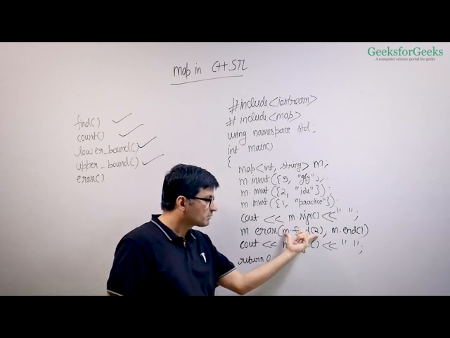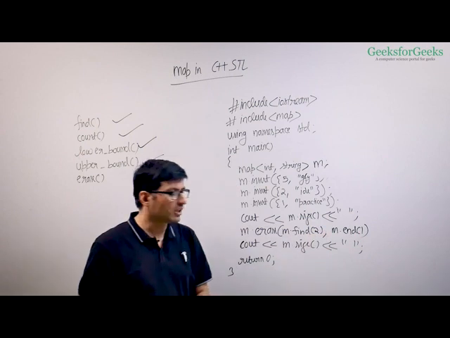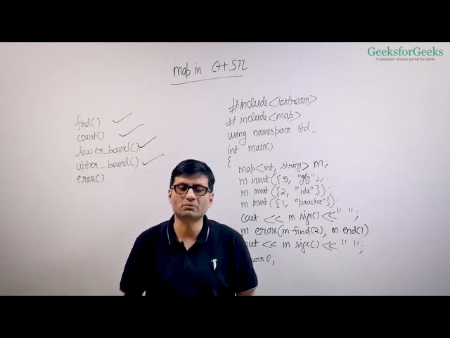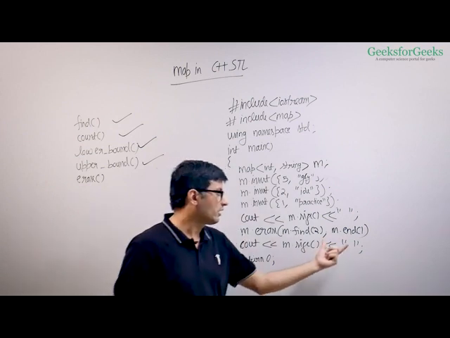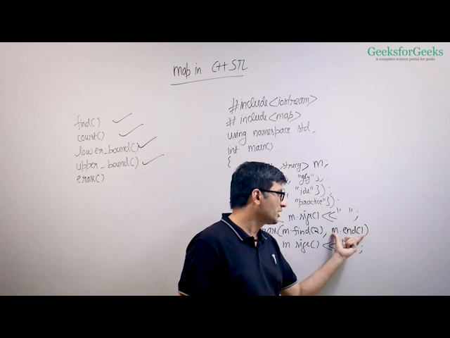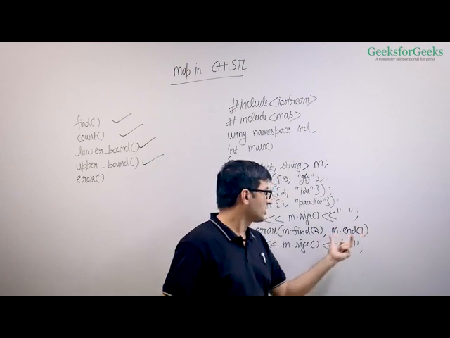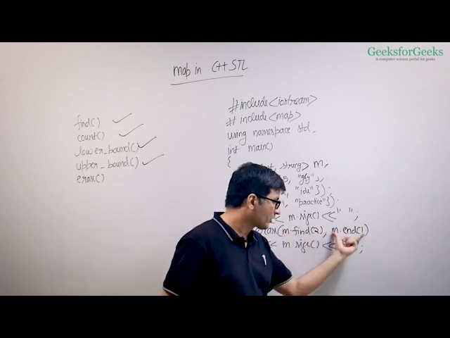The first parameter is the begin iterator and the second parameter is the end iterator. It will remove all the elements one by one until it reaches the end iterator. It does not remove the item at the end. That is why we passed end, which is beyond the last. It removes every item from this iterator to the one just before the end iterator.